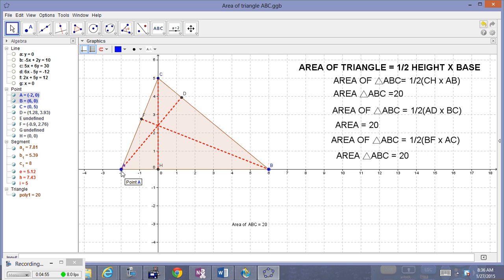Okay, now we can see the easiest way to compute is to take the base along the segment AB, which is, okay, easy to compute its length because its length is going to be simply 8 units. Okay, because it's right along the x-axis, as you can see, and hopefully you can see that right with the coordinates.